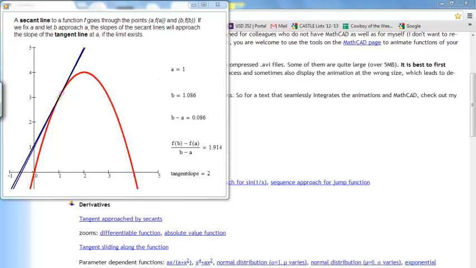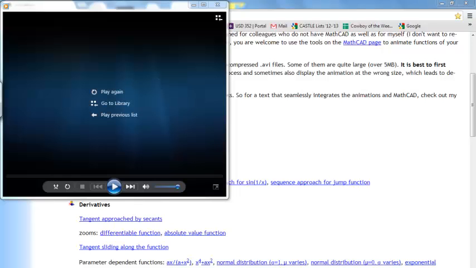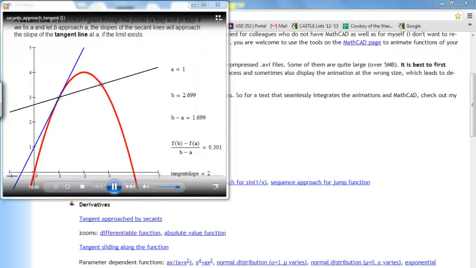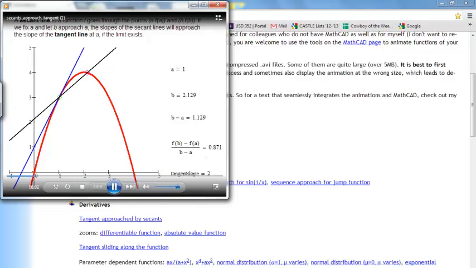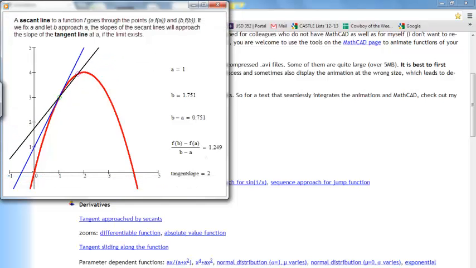There are all kinds of animations if you just go on the internet and look up tangent line, secant line to tangent line animation. I'll play it one more time. Take your secant line, let the h go to 0. It's going to approach a tangent line to the curve at a specific point. So you kind of get an idea what that looks like.